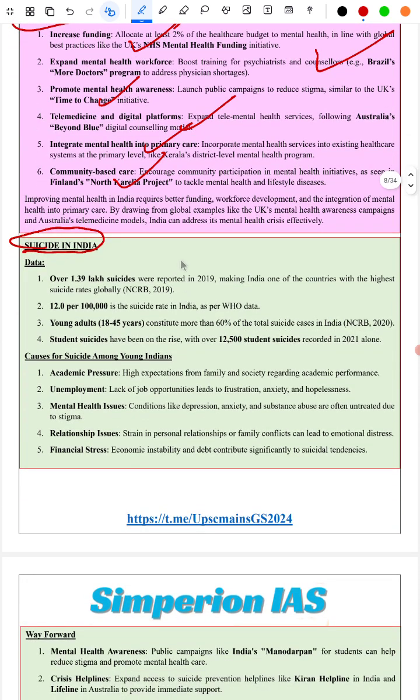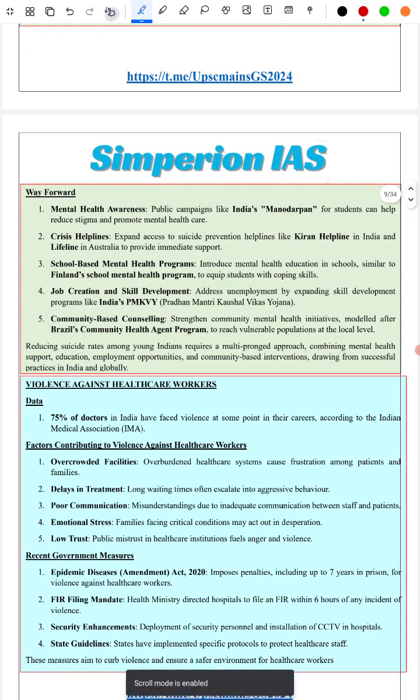We are given the data, the causes for the suicide among the young Indians. Next we have covered the way forward, how to deal with this menace of suicide and the mental health issue.